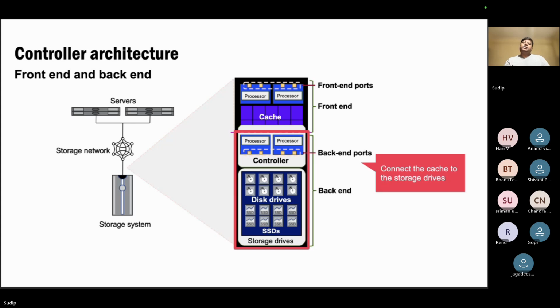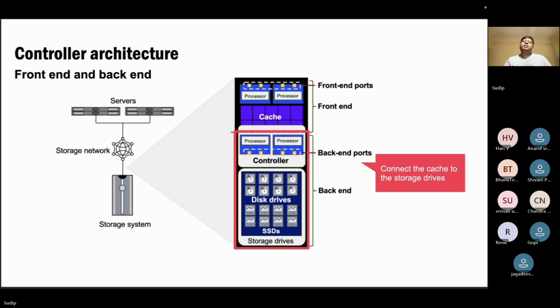They are responsible for securely and permanently writing the data into the disk drives and SSDs. And whenever the front end requests any data, the backend should be able to serve it. That's the purpose of the backend.